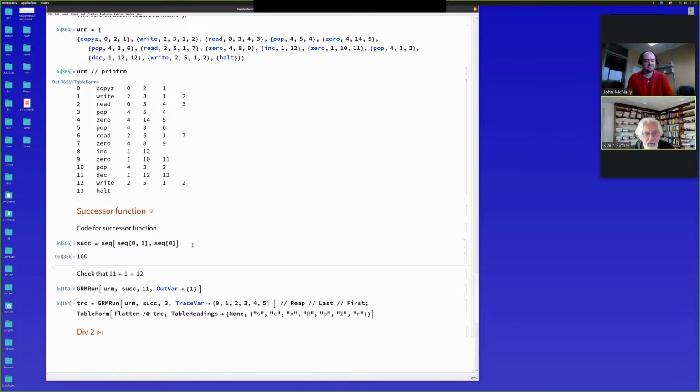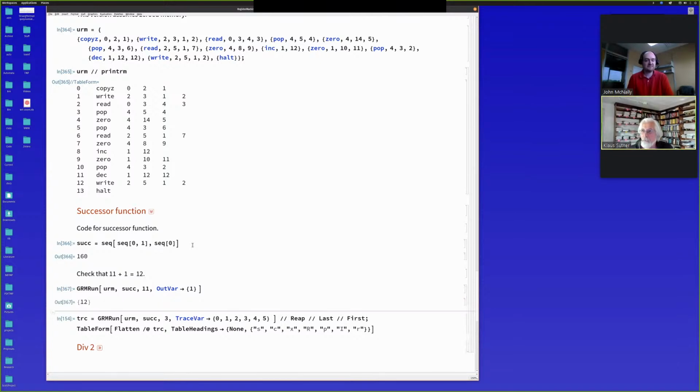And in this case, the code number is 160. And by the way, in the course, there's a long explanation of how to implement these coding functions. So these are basically Gödel numbers, but in a civilized way. The machinery that Gödel invented is exactly the same. And then you can do fantastic things like checking with our universal machine here that 11 plus 1 really is 12. Right?